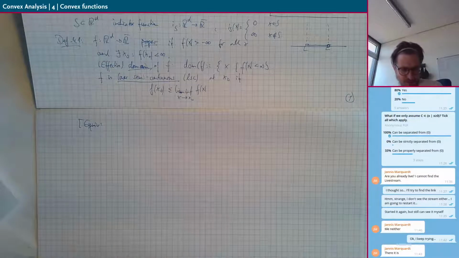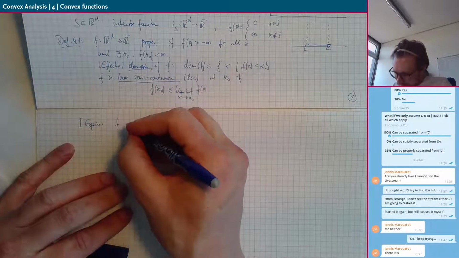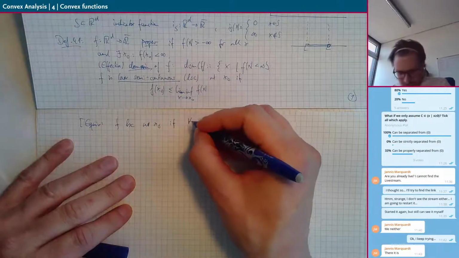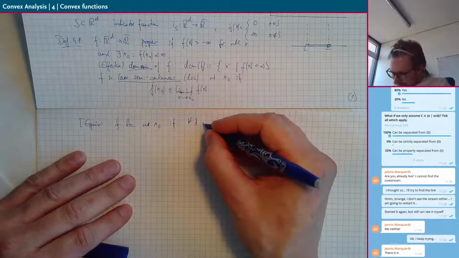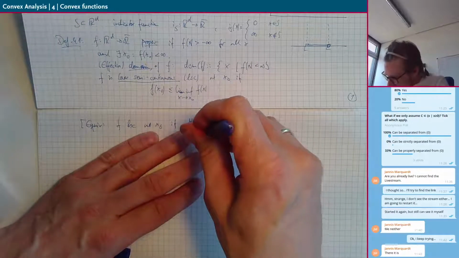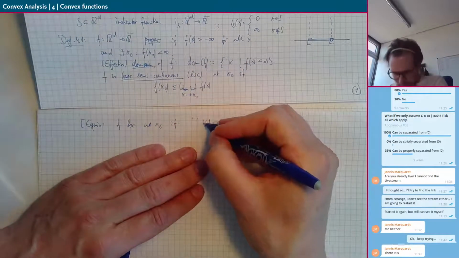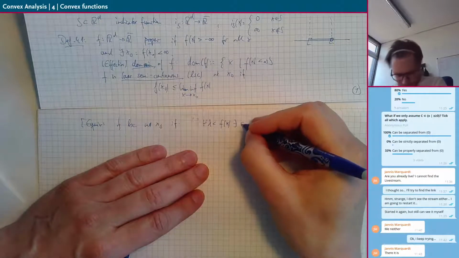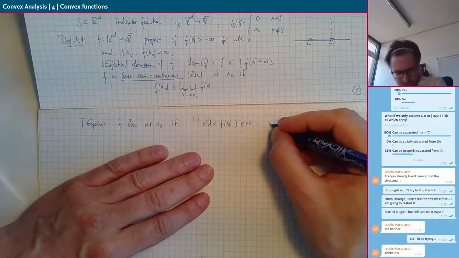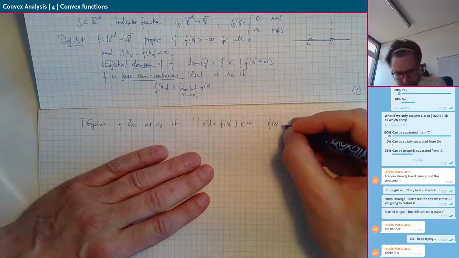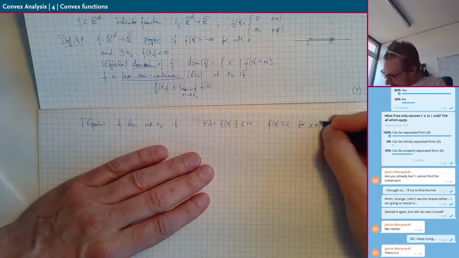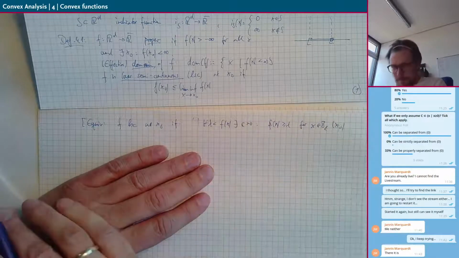One which is pretty obvious is: f is LSC at x0 if for every lambda smaller than f of x0, there exists a positive epsilon such that f of x is larger than lambda for all x in the epsilon neighborhood of x0.